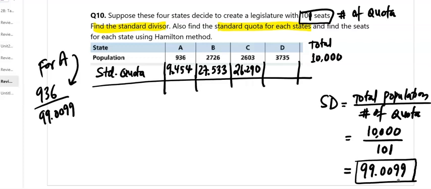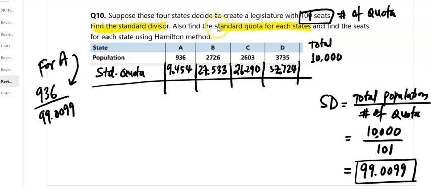And if you divide 3735 by the standard divisor, you get 37.724. That is called the standard quota.